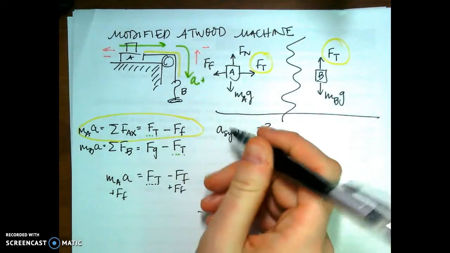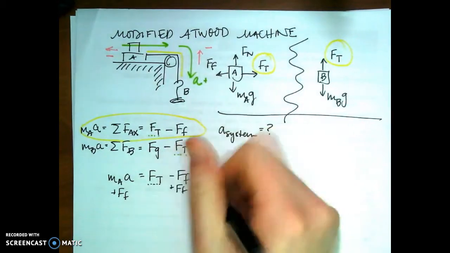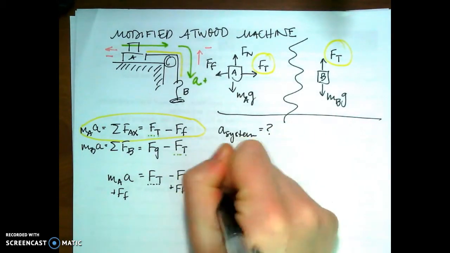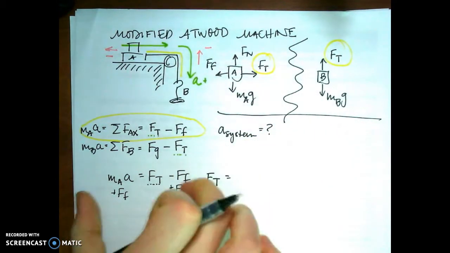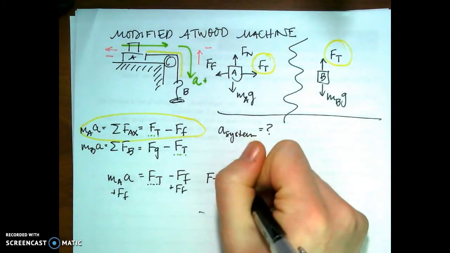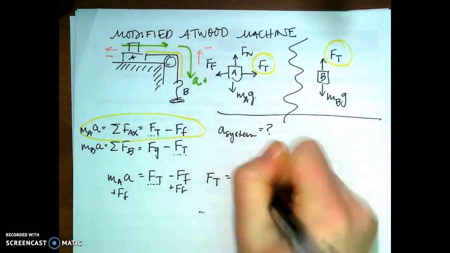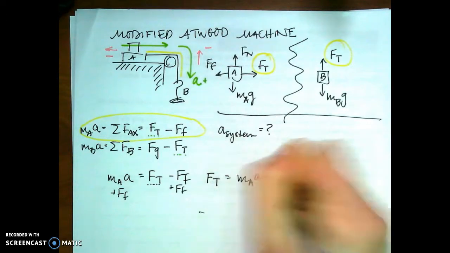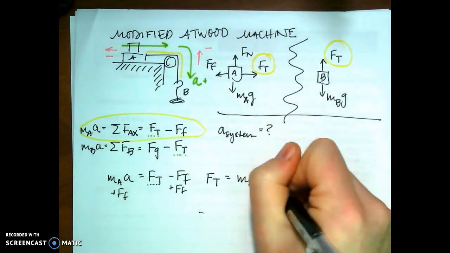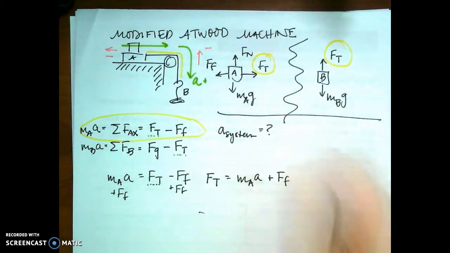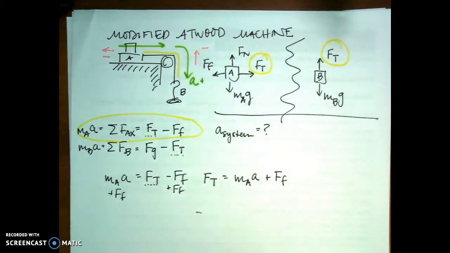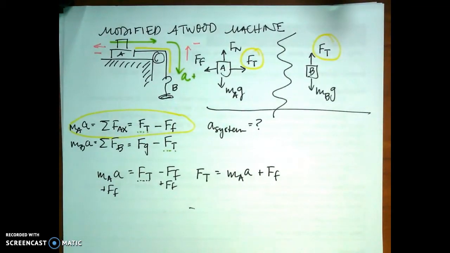What is that? Transitive property? You guys are better at math than I am. You'll tell me. So my force of tension, based on this equation, is equal to the mass of object A times the net acceleration plus the force of friction.